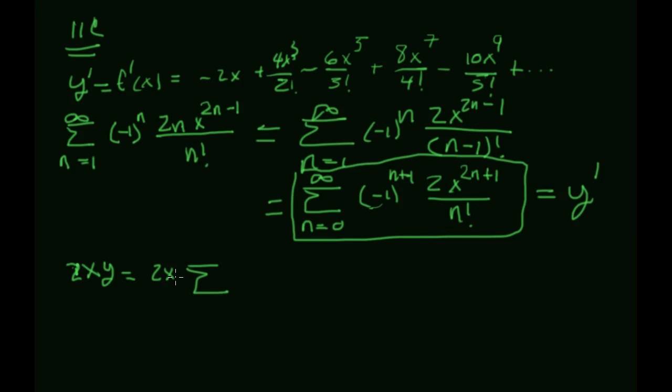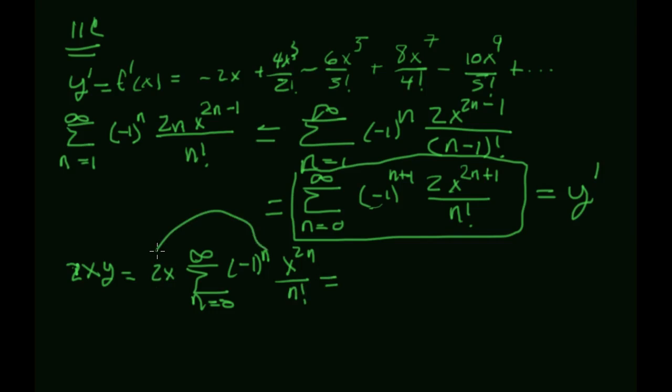The original series in the problem, if I look back, is the sum from n equals 0 to infinity of -1 to the n times x to the 2n over n factorial.